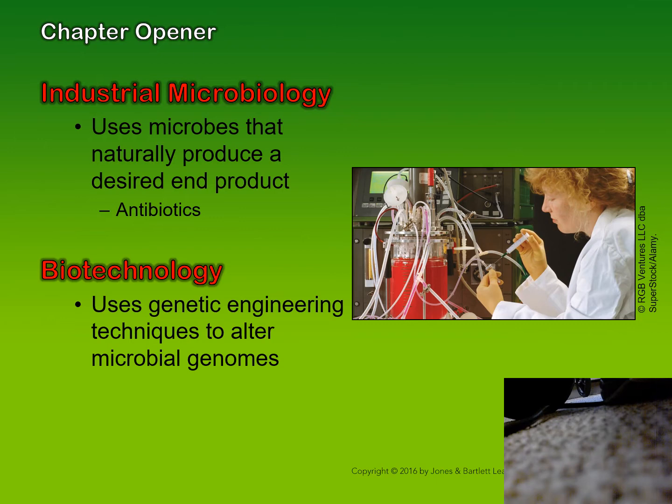Of course, we can grow the E. coli quite easily, and hopefully then switch it into an industrial microbiology setting where we can make as much of that product as we want.